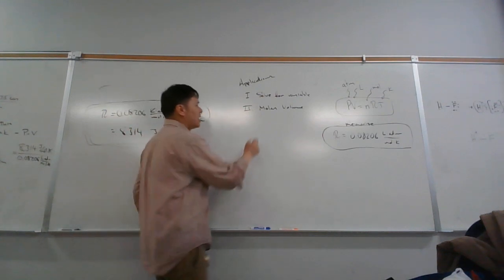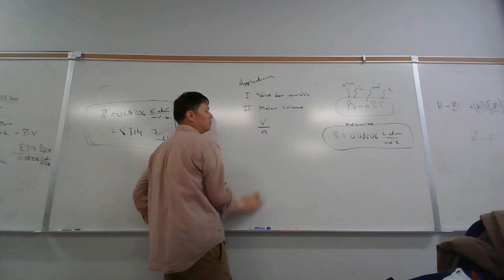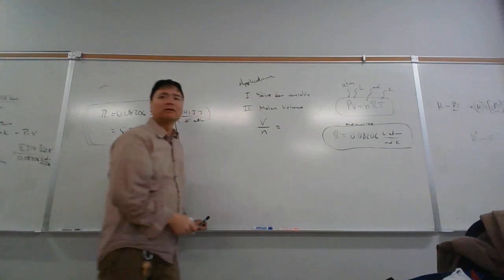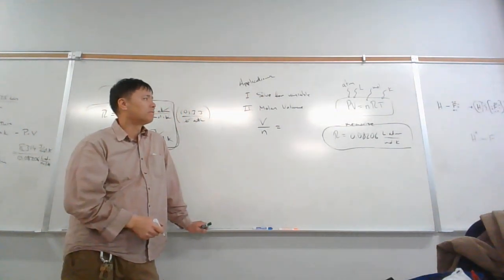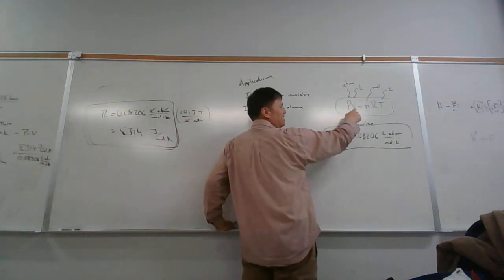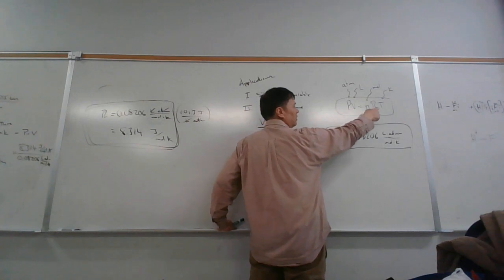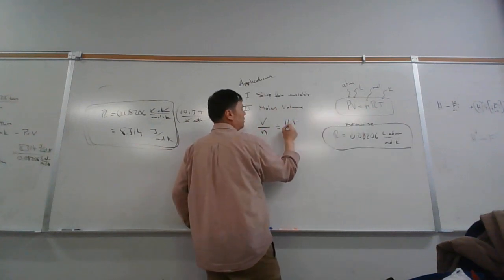Molar volume is how many liters per mole, so it's V over N. Do you know what V over N is equal to algebraically? So V divided by N is equal to RT divided by P.